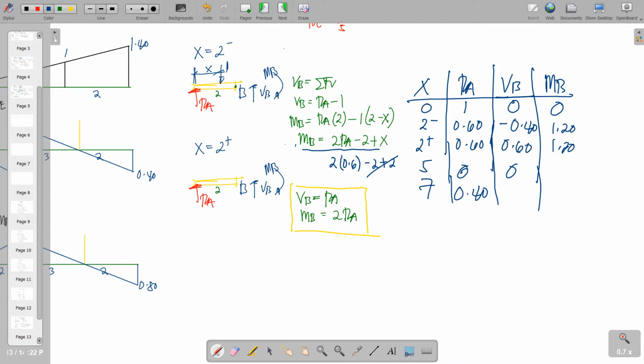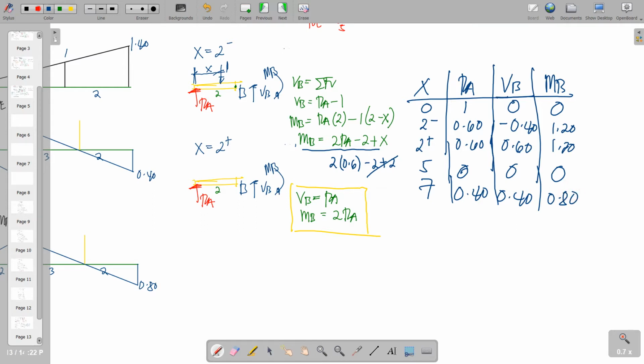And your moment at B is equal to 2RA, 2 times 0 is 0. And VB is equal to RA. We just copy this, 0.4. And 2 times RA, our MB, that is equal to 0.8.